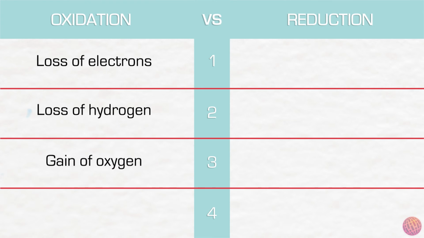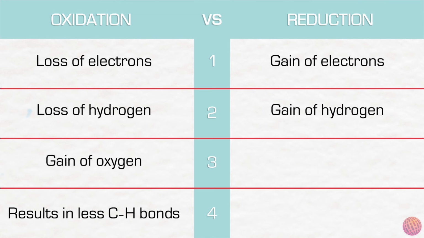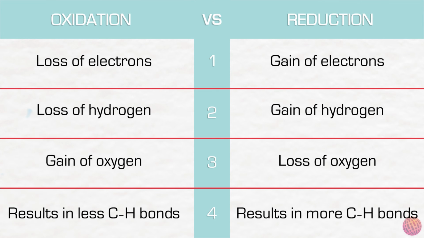Since there is loss of hydrogen, hydrocarbon molecules will have less carbon to hydrogen bonds. On the other hand, reduction takes place when there is gain of hydrogen or loss of oxygen. Since there is gain of hydrogen, hydrocarbon molecules will have more carbon to hydrogen bonds.